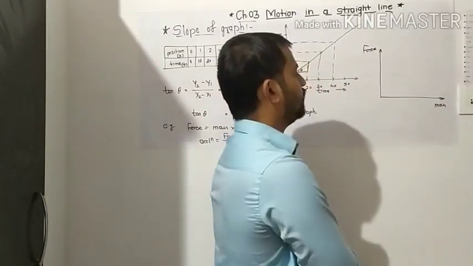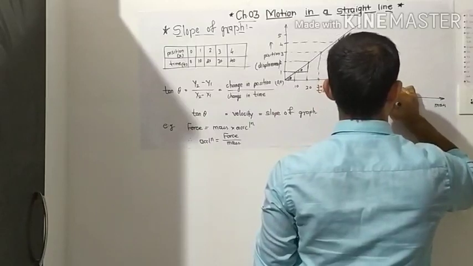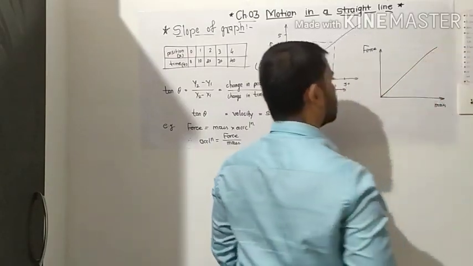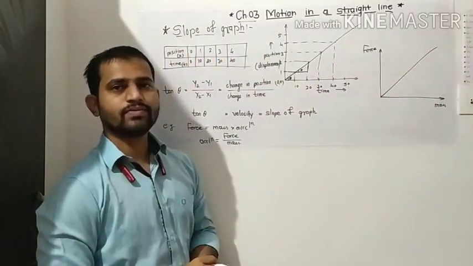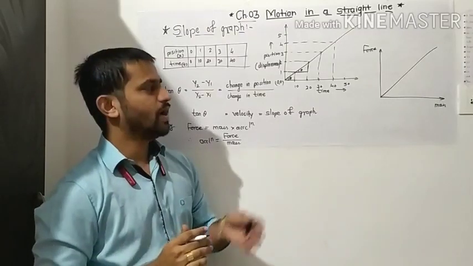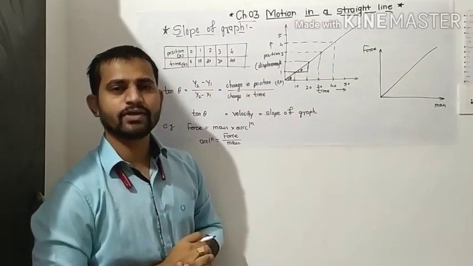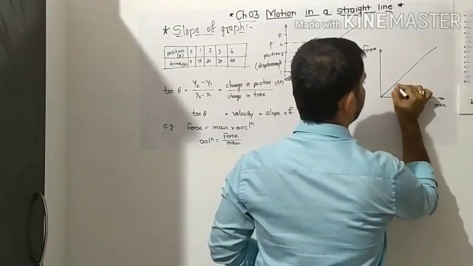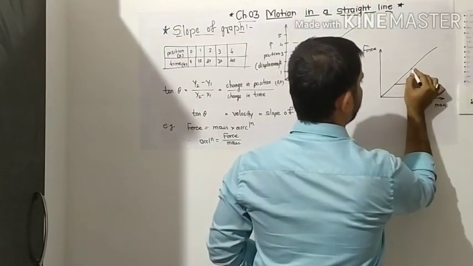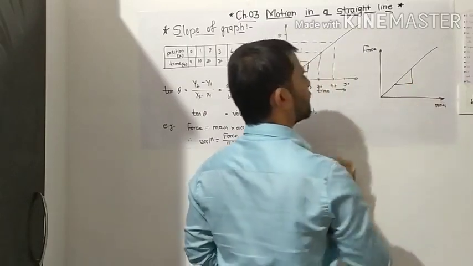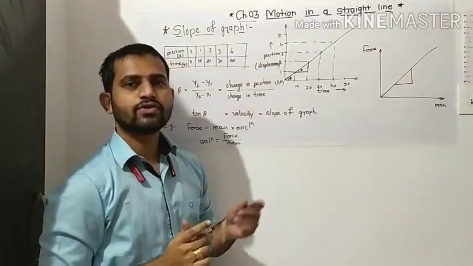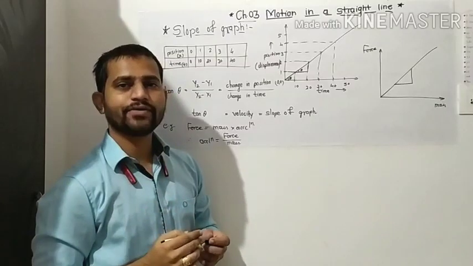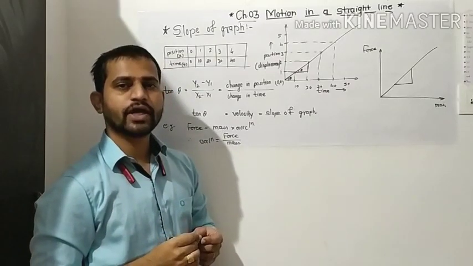Now if I got a graph of the force versus mass, and I find out the slope of this graph by drawing one perpendicular and one base, then which quantity do I get?